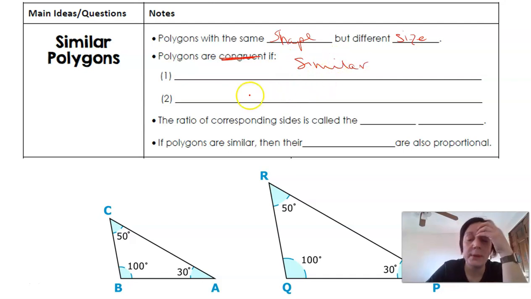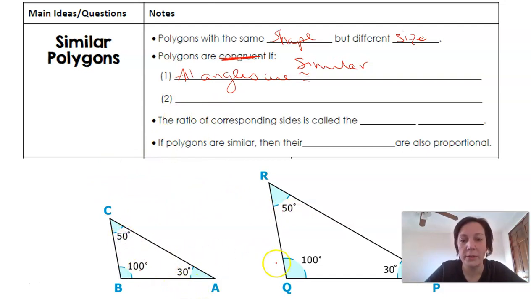There are 2 things that make polygons similar. Number 1, all angles are congruent. Notice these two triangles down here. One's bigger than the other, but their angles all still match. Look, 50 and 50, 100 and 100, 30 and 30. So if you know that 2 triangles are similar, you know that all their angles match.